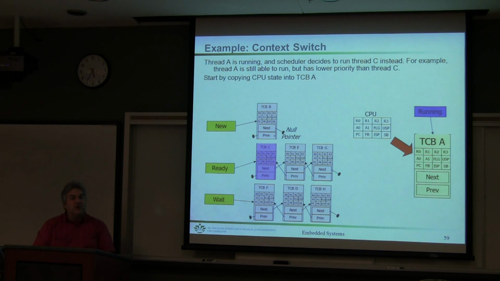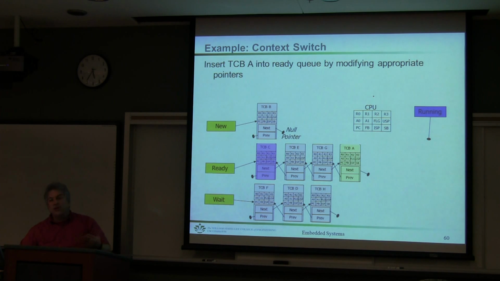If we have what's called a context switch, in other words, one thread is running, thread A, and we decided that we want to run thread C instead. What we would do is we would copy off the contents of the registers in the CPU off to the thread control block.